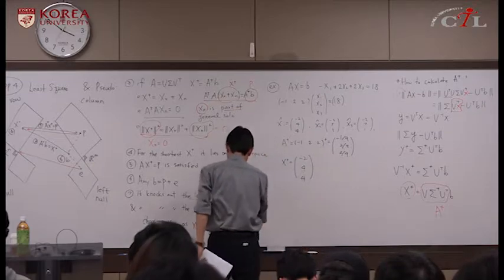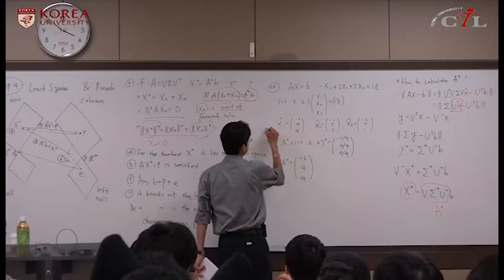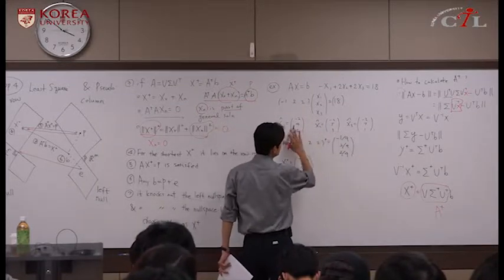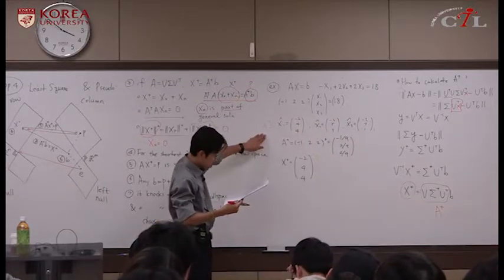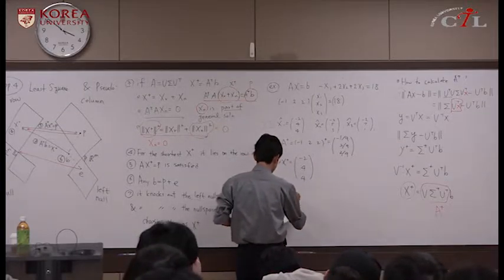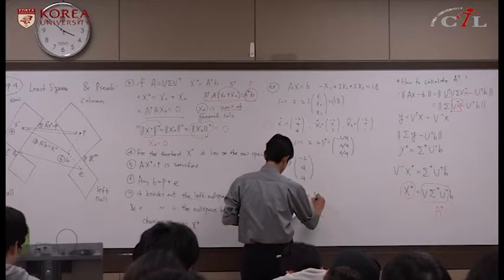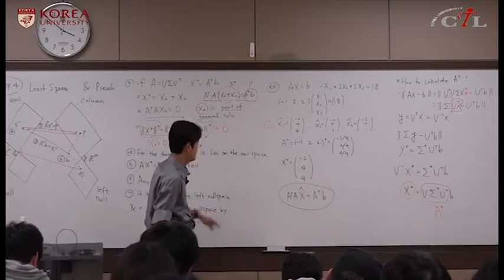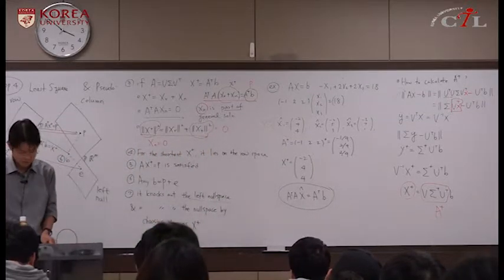So this is minimum length solution, which was originally written here. So this is X pseudo, and its length is minimum. Its length is larger than this, its length is larger than that. So this is minimum length solution that satisfies A transpose A X hat equals A transpose B. So among the multiple X hats, this is a minimum length solution that satisfies that kind of relationship.